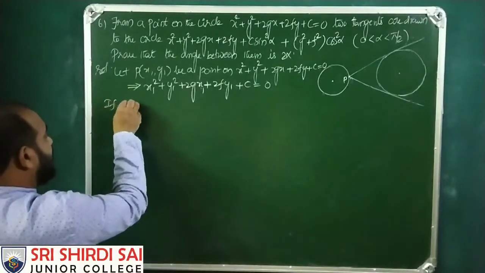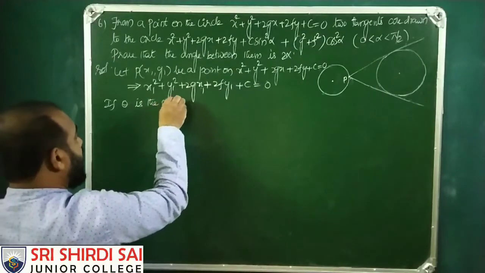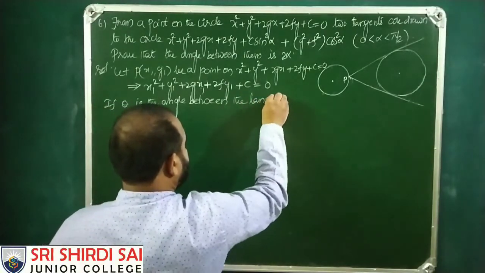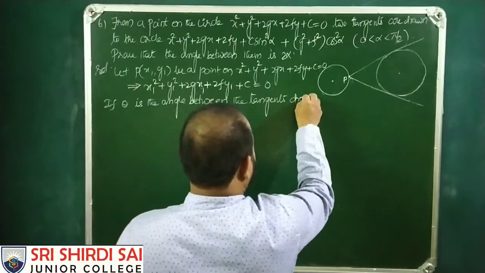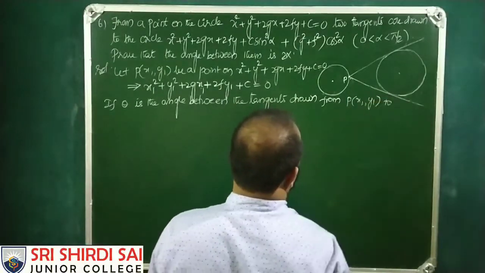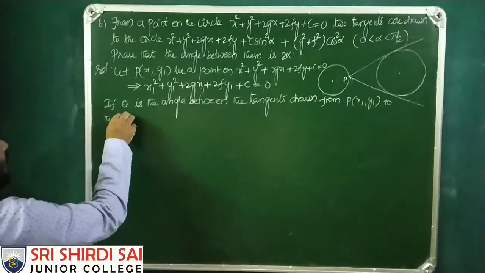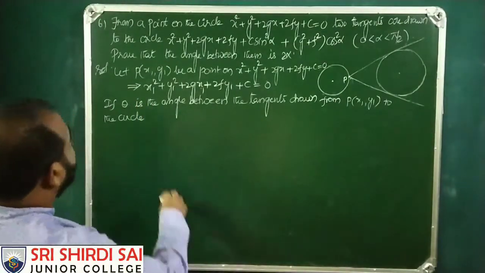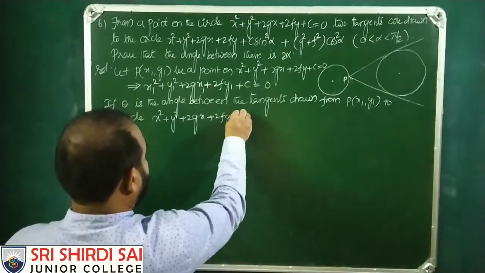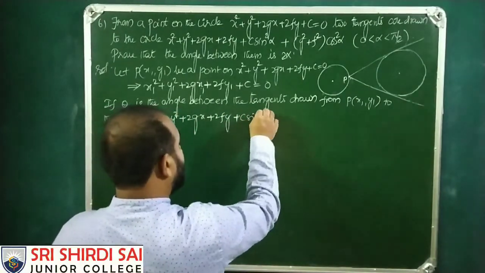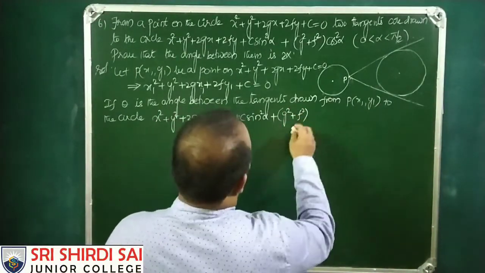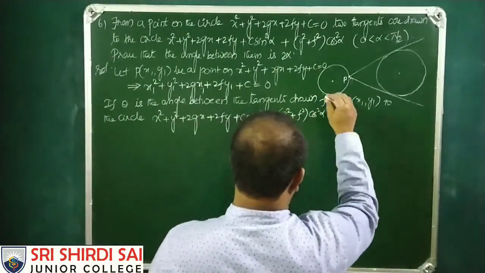If theta is the angle between the tangents drawn from P(x1, y1) to the circle x square plus y square plus 2gx plus 2fy plus c into sin square alpha plus g square plus f square cos square alpha equals to 0.